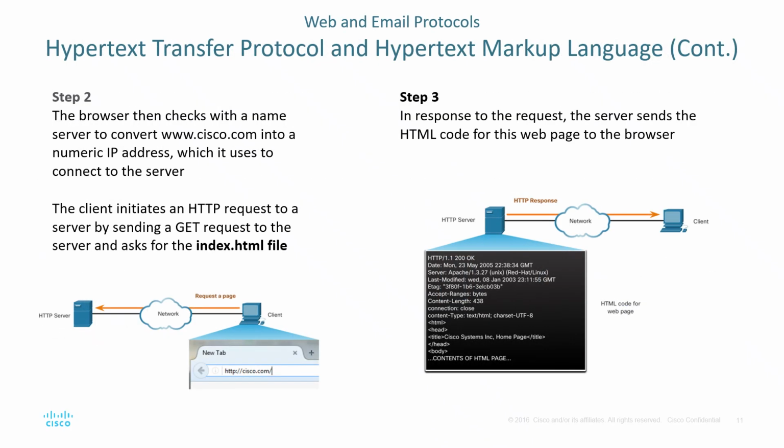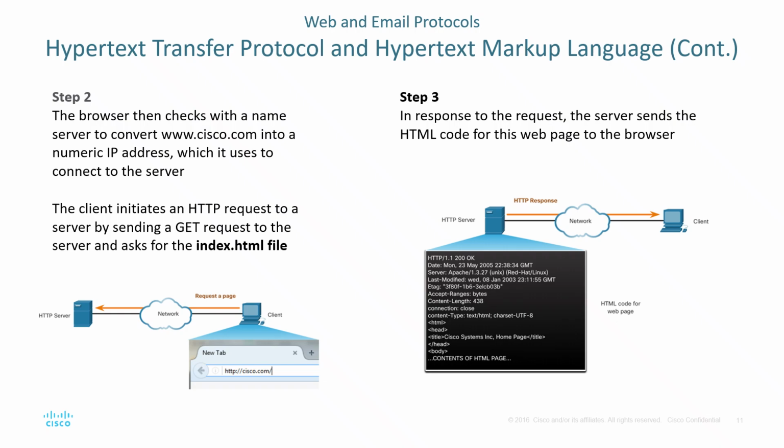So step 2, the browser then checks with the name server to convert www.cisco.com into a numeric IP address, which it uses to connect to the server. So this is where you see DNS in play. The client initiates an HTTP request to a server by sending a GET request to the server and asking specifically for the index.html file.